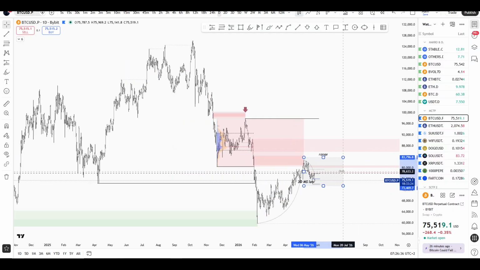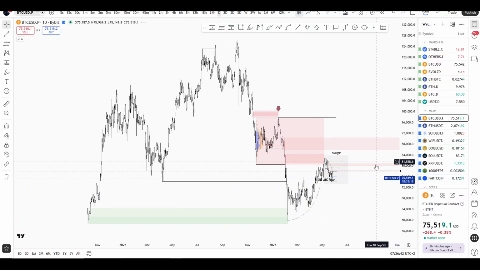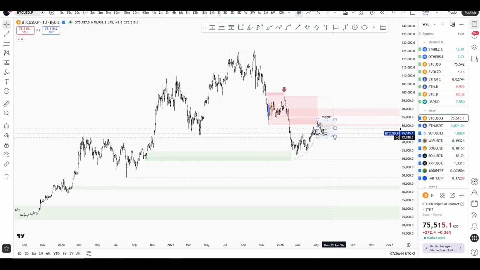I think that this is our final range before we properly distribute and go down and take out at least 60k, but I see the opportunity to go lower, maybe even sub 50, because if you, well, today I'm talking way too much.